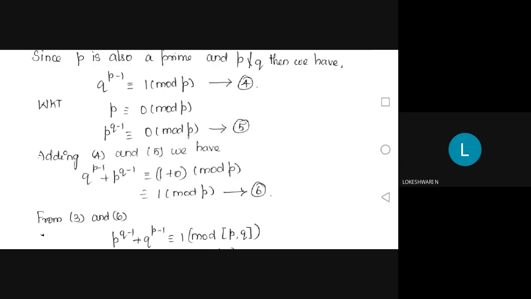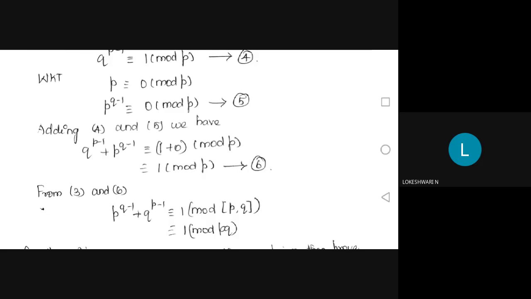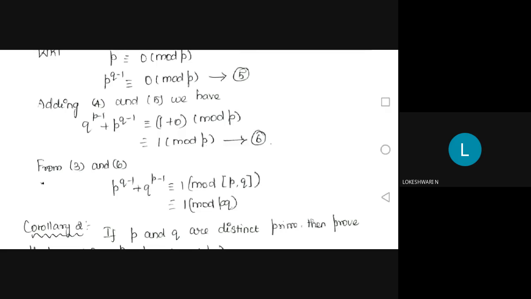Therefore, we can take the mod value as the LCM of p and q, which is p into q, since p and q are distinct primes. Therefore, p power q minus 1 plus q power p minus 1 is congruent to 1 mod pq.